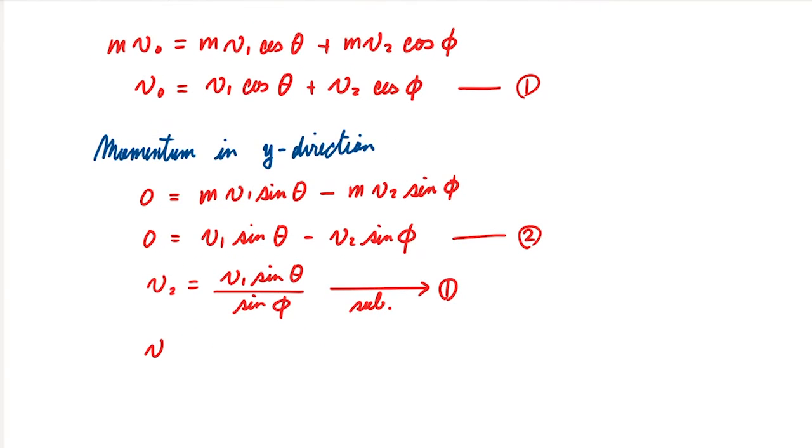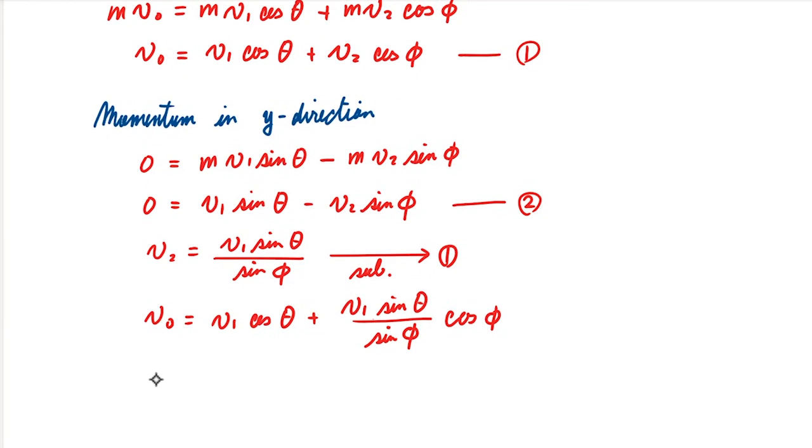So we have V naught is equal to V1 cosine theta plus V2, which is V1 sine theta over sine phi times cosine phi. So V naught is equal to V1 cosine theta plus V1 sine theta cotangent phi.